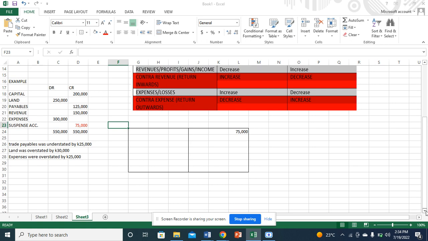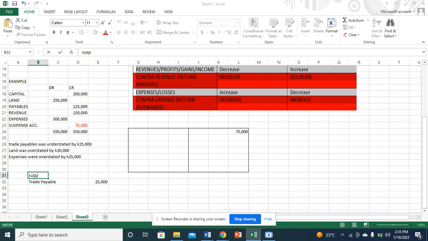So your journal entry will be like this. You're going to credit your trade payables, and then the suspense account will facilitate the double entry. So trade payables, you credit them 25,000, and then you debit the suspense account.